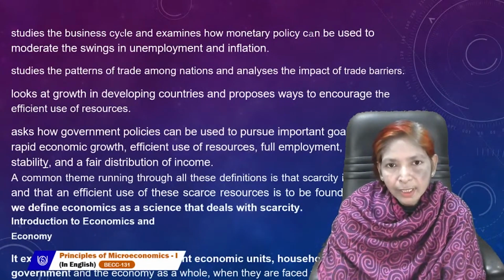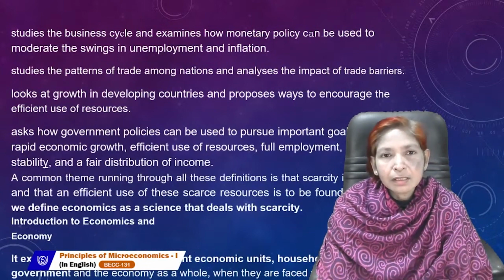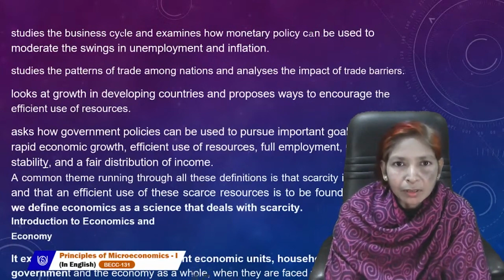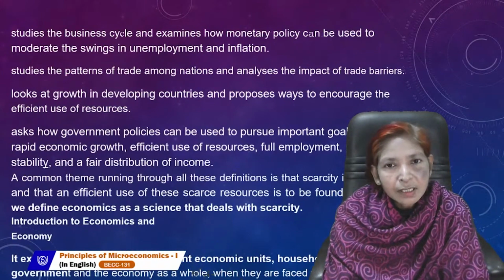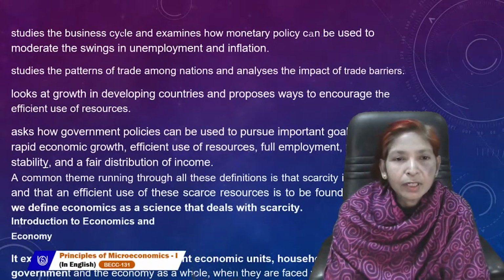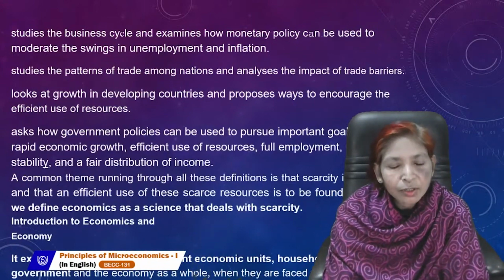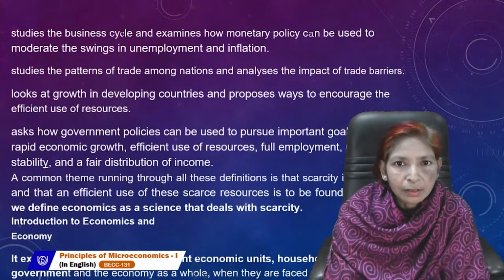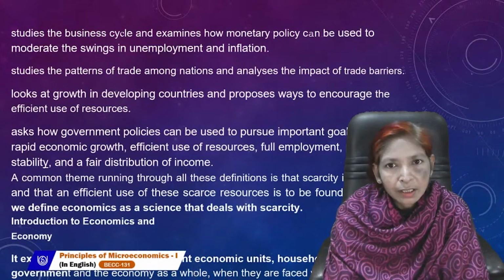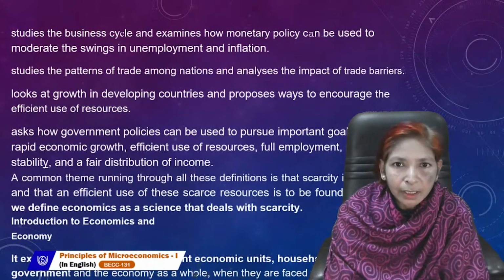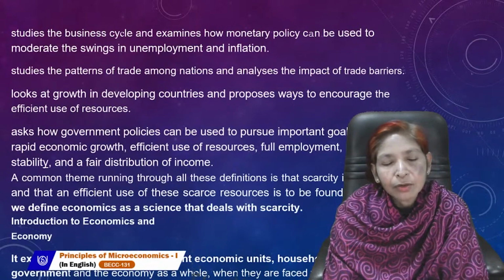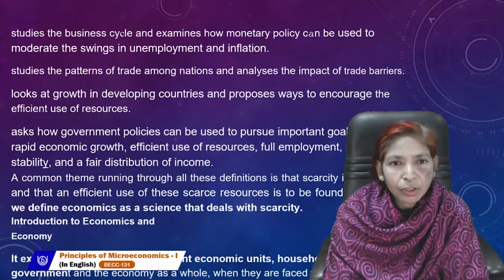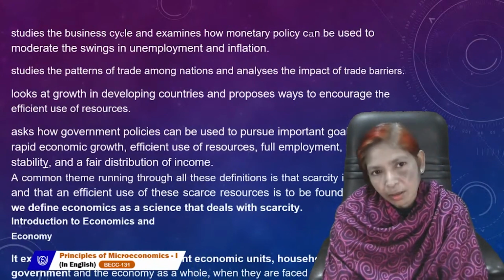Microeconomics is related with small units. When we deal with individual units of the economy, like a consumer, a producer, a firm, an industry, or the price of a particular commodity, that is called microeconomics. Microeconomics is always related with individual units of the economy.